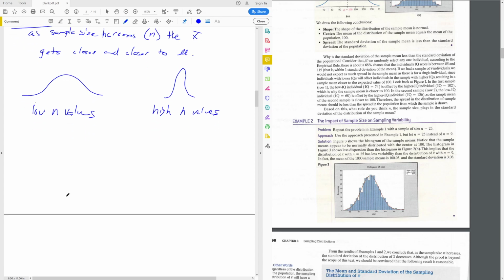And the idea here is that the parameter is equal to the sample mean, okay? Because if we have a large enough sample, we can assume that the sample mean is equal to the population mean.